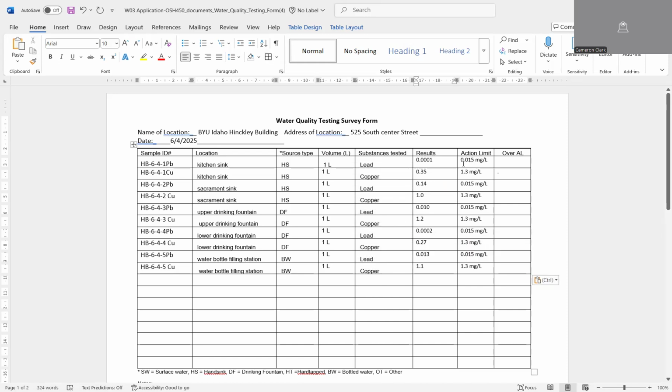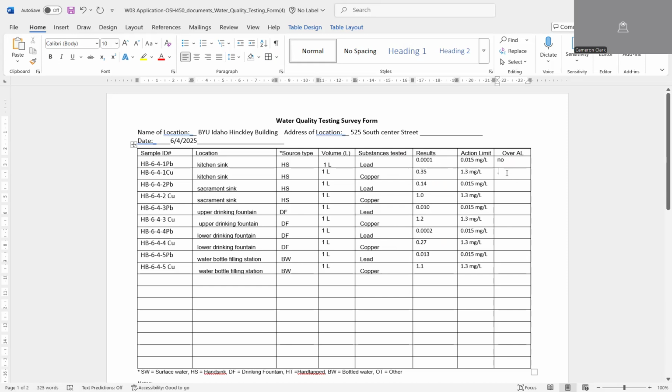Okay, now I'm going to look and see if the results are over the action limit. Now, 0.0001 is not over 0.015. So you could just put no. It's not over the action limit. Okay, 0.35, is that over 1.3?